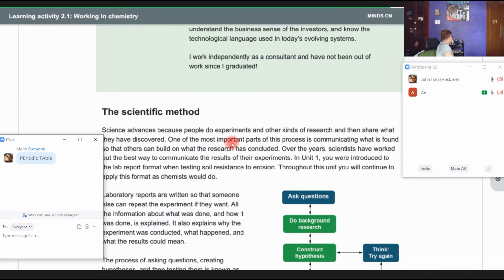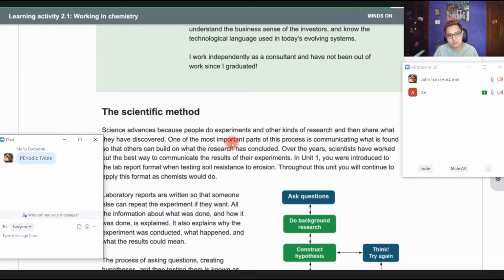Over the years, science basically, what you have found, you have to find a way for others to continue your research in case something happens to you, or in case others want to follow your research. You have to find a way so that others can replicate what you do, to help the world.